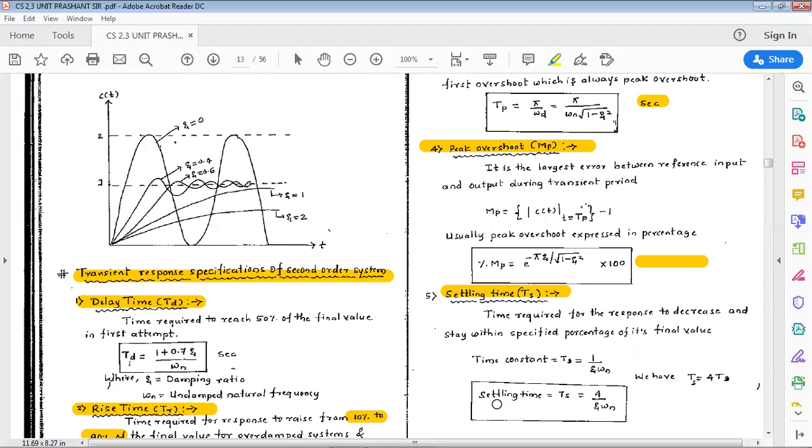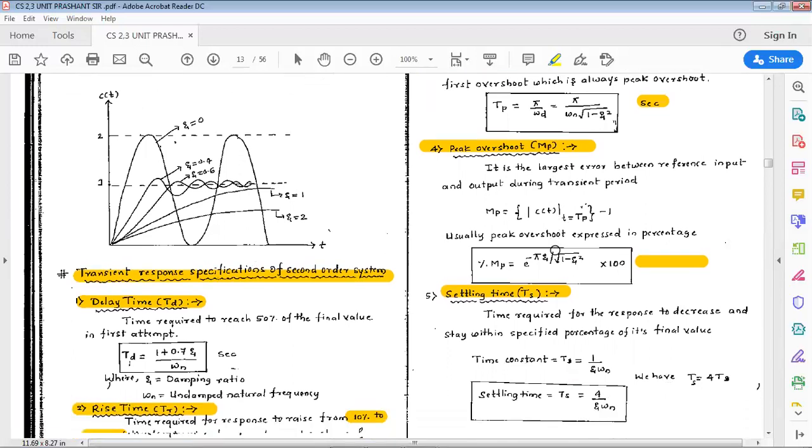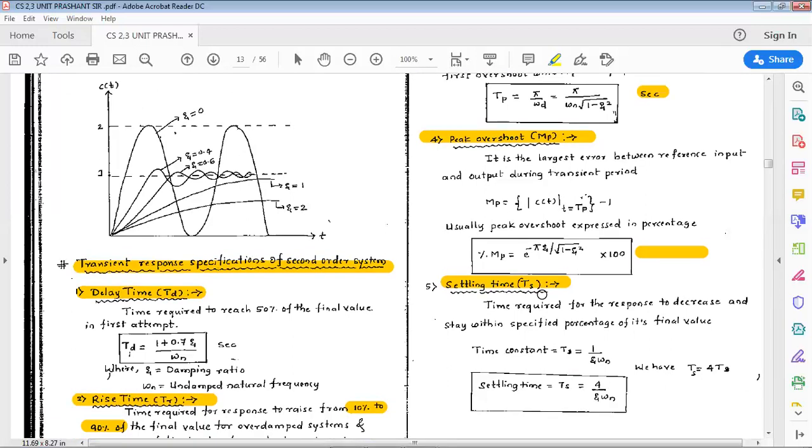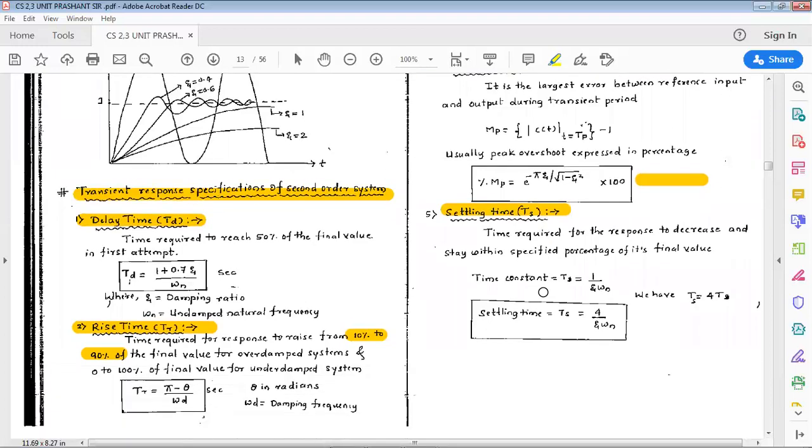Therefore, the settling time Ts is given as 4 by zeta omega n. So these are the different transient response specifications of a second order system: delay time, rise time, peak overshoot, and settling time. These are very important terms involved in the time domain specification of a second order system.